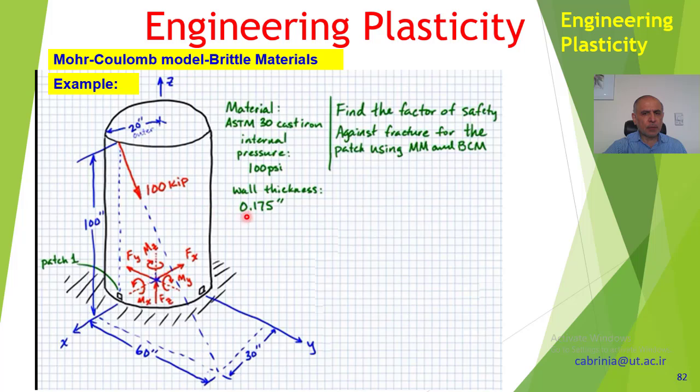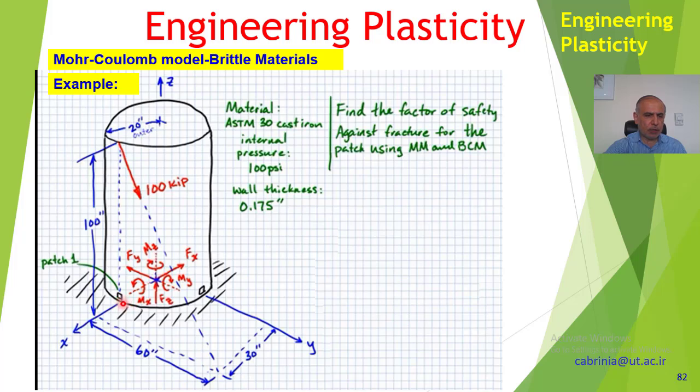And what do we want? We want to find the factor of safety against fracture for the patch using MM and BCM, that's the brittle Coulomb-Mohr and the modified Mohr. We want to find the factor of safety for these yield criteria. Now, what is this patch?